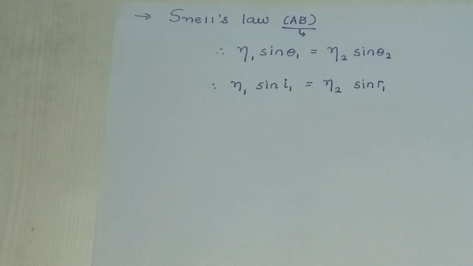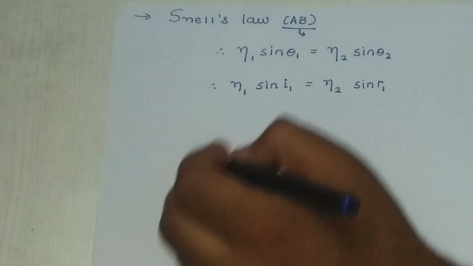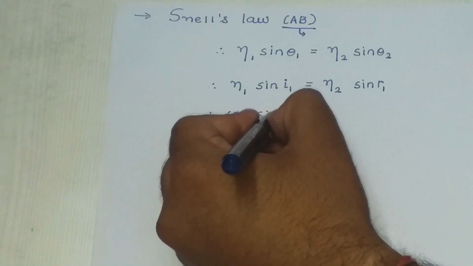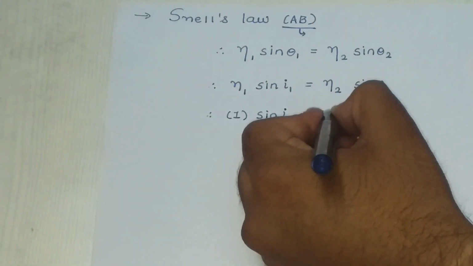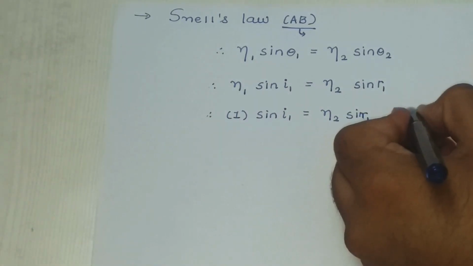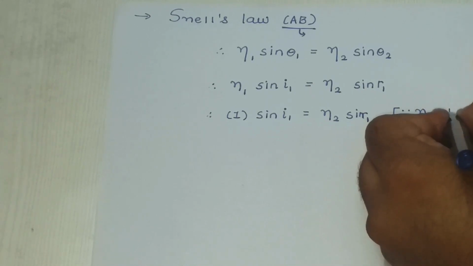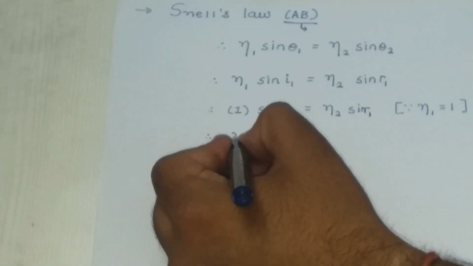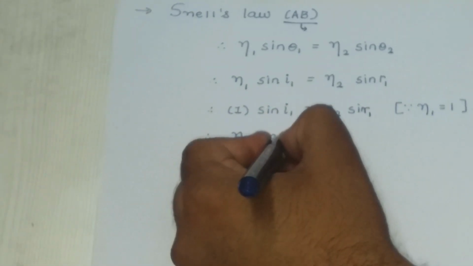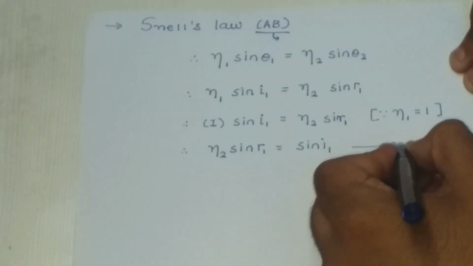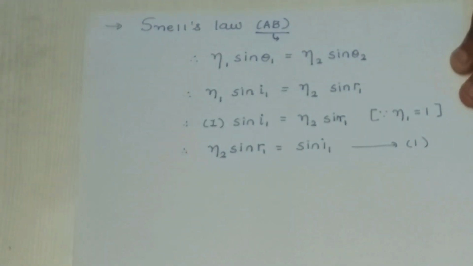Earlier we already discussed, students, that the refractive index of air is 1, so 1 sin I1 is equal to eta 2 sin R1. Why? Because eta 1 is equal to 1. If we simplify, we get eta 2 sin R1 is equal to sin I1. So it is our equation number 1.